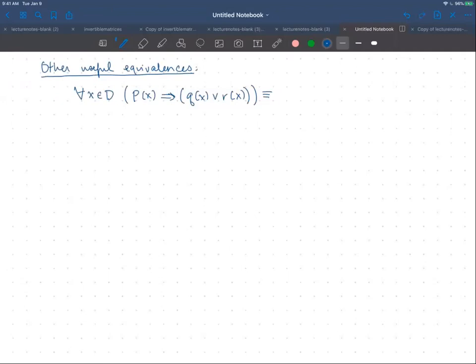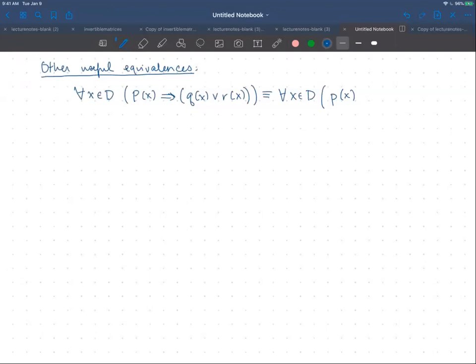So this says that for all x in D, well, we apply the law of implication here and we get, let's see, we get p of x and, let's see, sorry, I was daydreaming for a second.